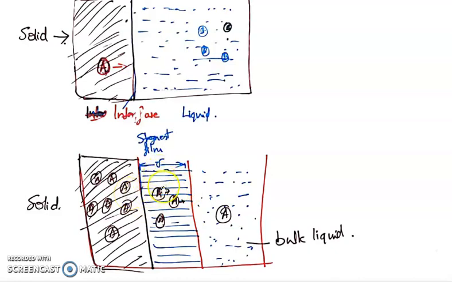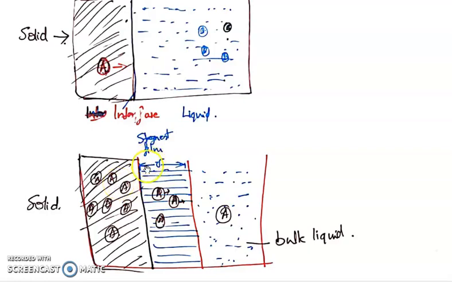That is what you see here. Because initially the liquid molecules were free to move, but when it comes to this surface here, the movement of liquid molecules is hindered by the solid because the liquid molecules can no longer penetrate into the solid surrounding the liquid.